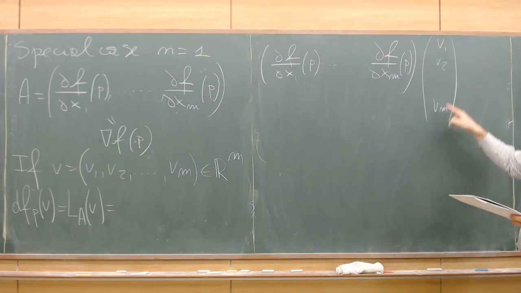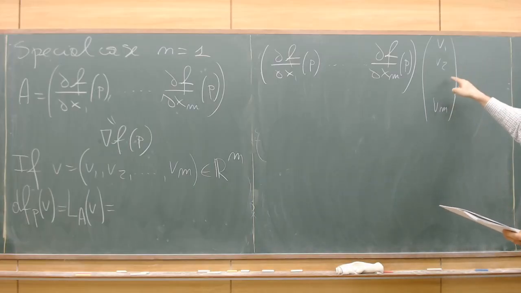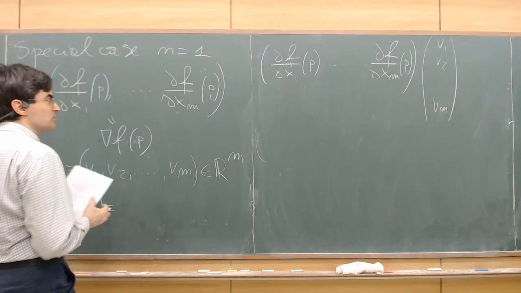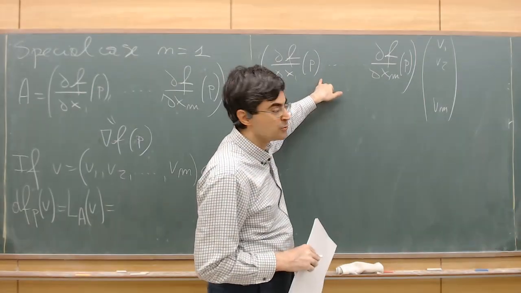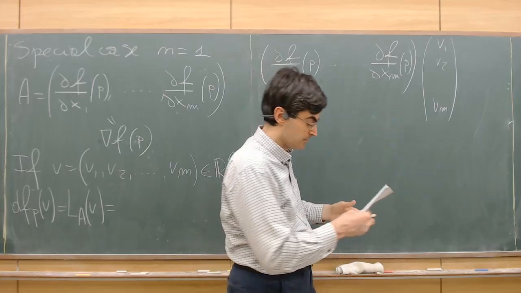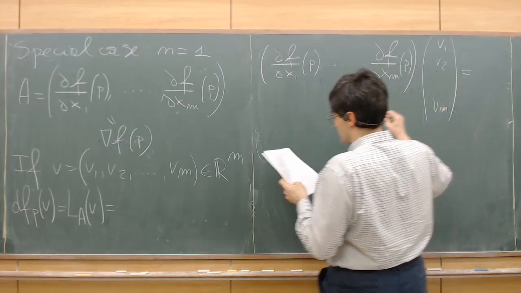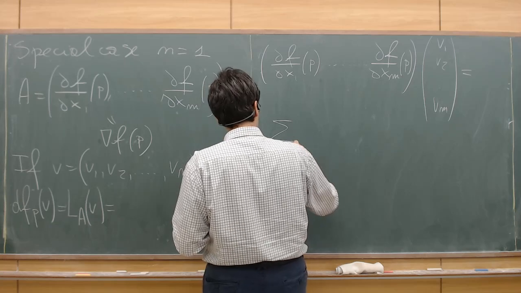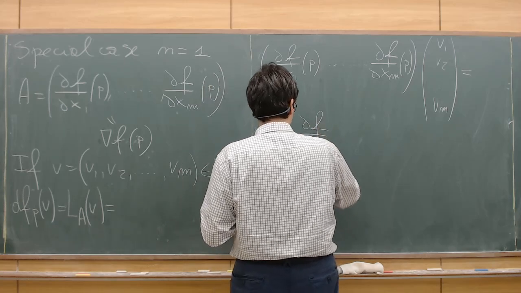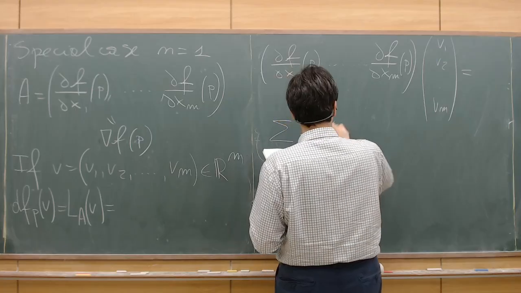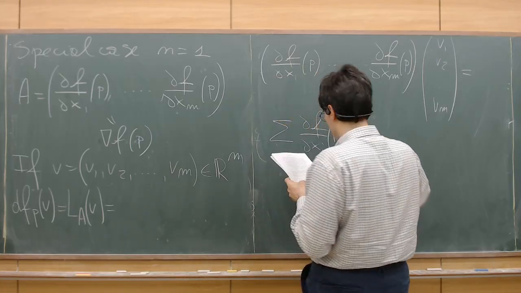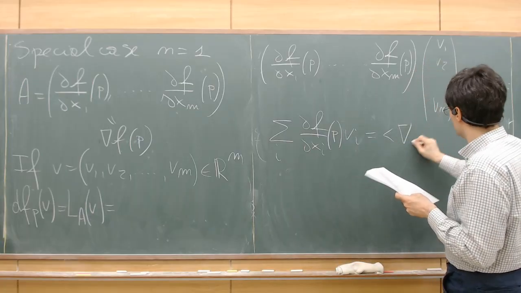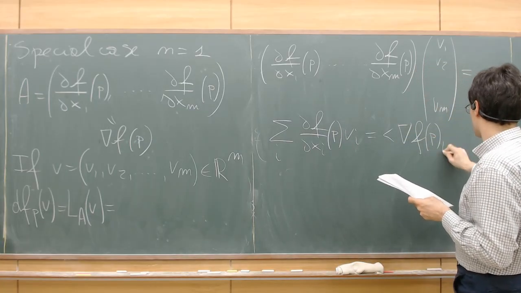I have to write this vector this way, so I interpret v as a column vector because I need to be sure that this product makes sense. And this is the sum over i of df/dxi at p times vi. That is the inner product of the gradient of f at p and v.